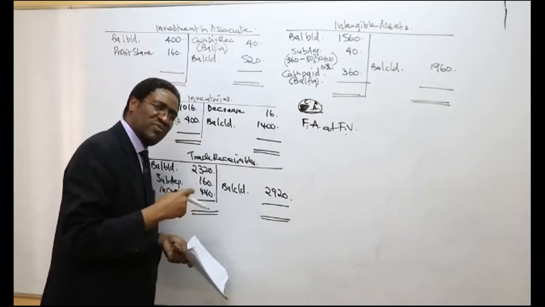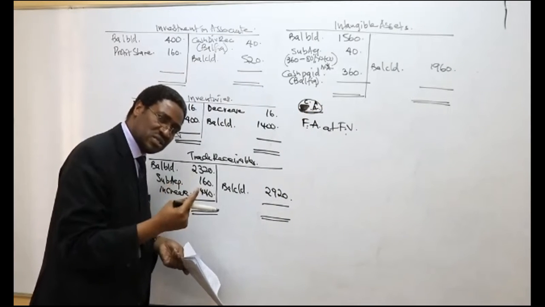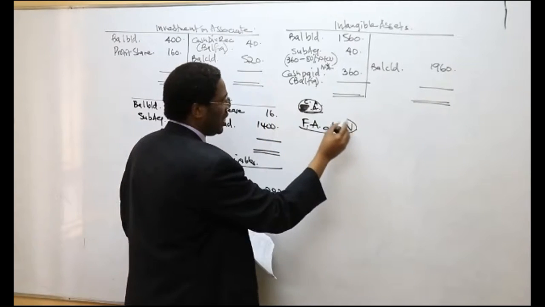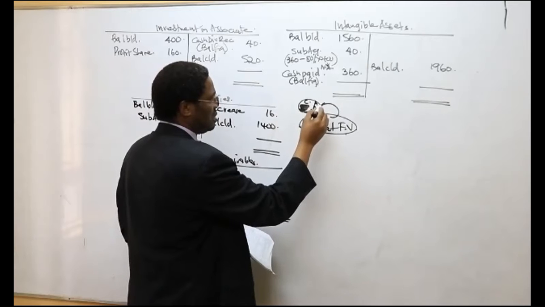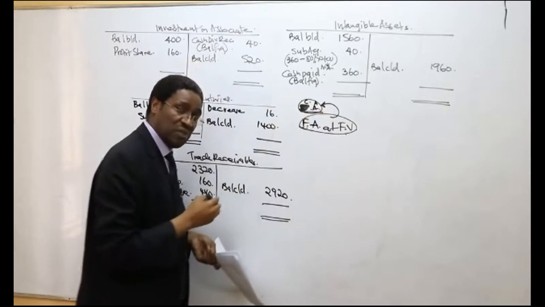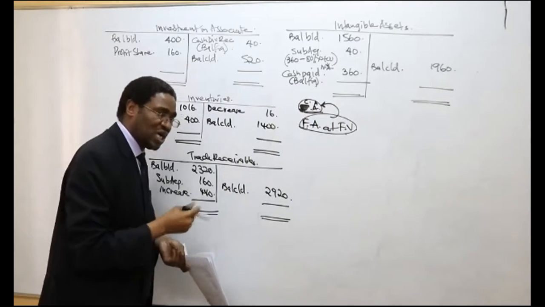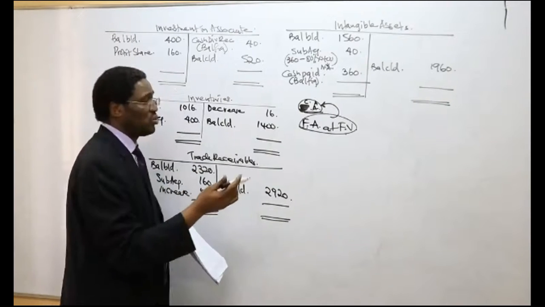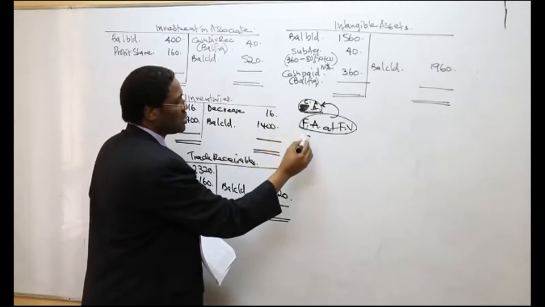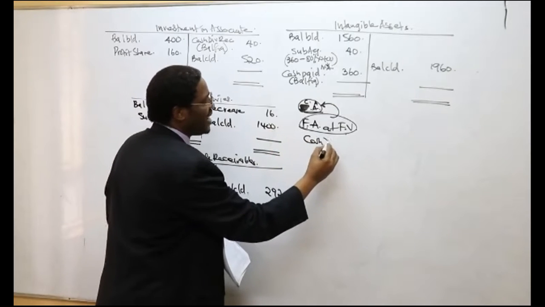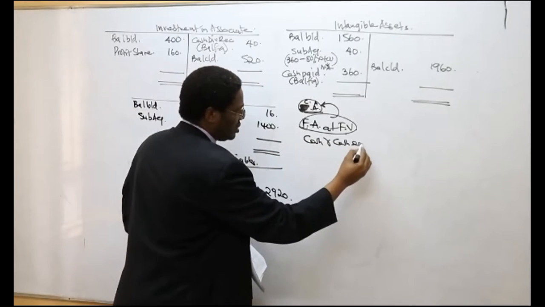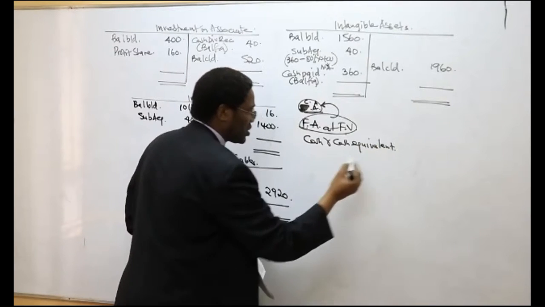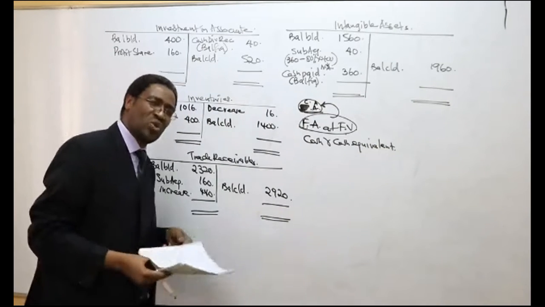So when you are given a financial asset at fair value among the current assets, I am hoping you still remember how you used to use it as far as cash flow is concerned. You had to use it as part of cash and cash equivalents. When you are analyzing the cash and cash equivalents in your cash flow statement, you use it as one of them.